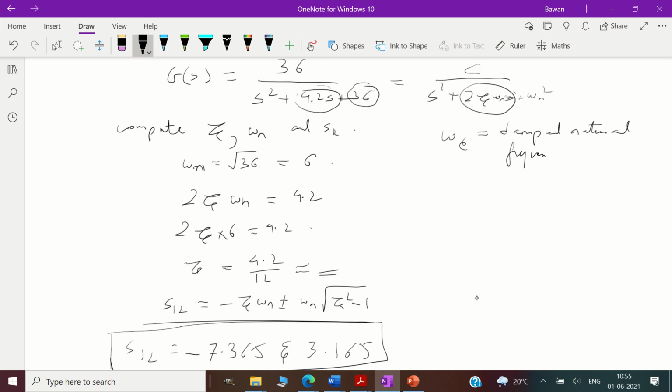Here you just have to put down that omega d is nothing but omega n root over 1 minus zeta square. So you can easily find out omega d by using this simple formula, and some problems you can easily solve. So that is what we have when it comes to a second order system.